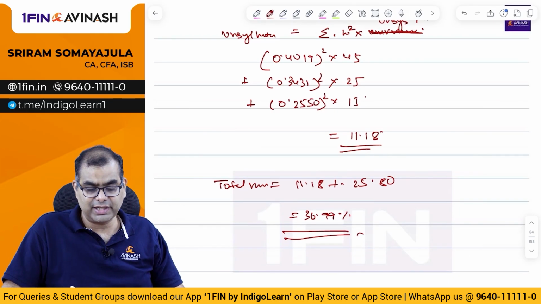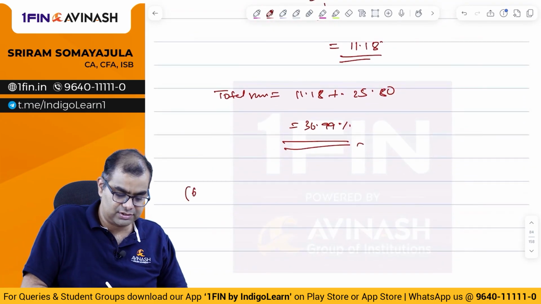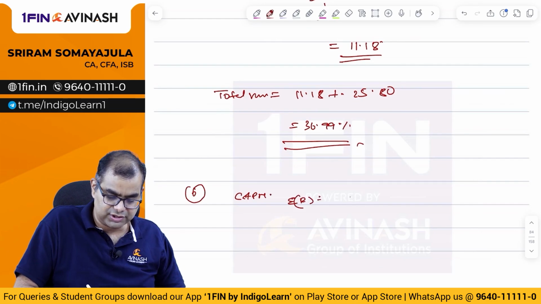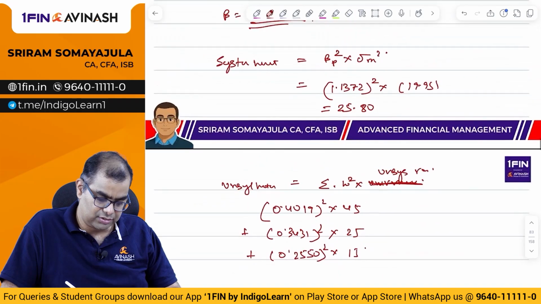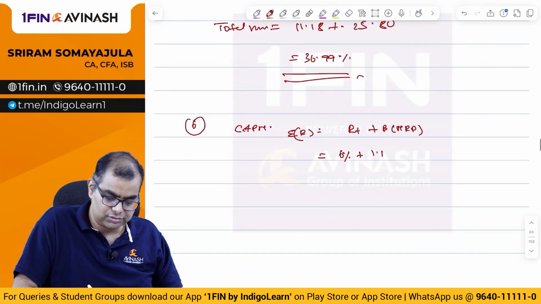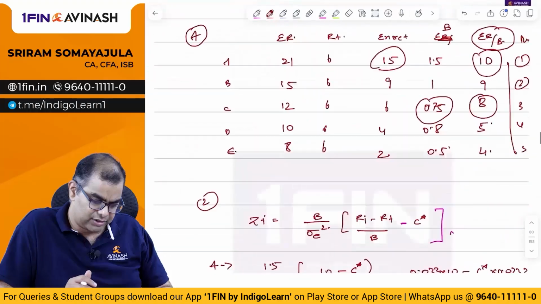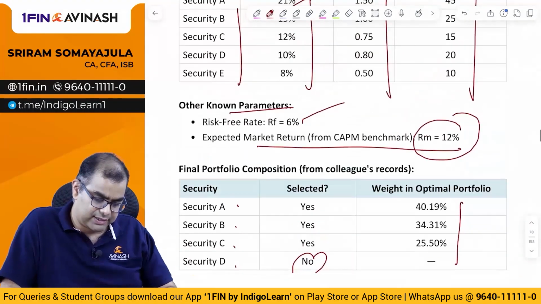Using CAPM compute expected return, Jensen alpha of optimal portfolio, and comment on manager's performance. CAPM expected return is equal to risk free plus beta into MRP. Risk free is 6%, beta is 1.1372, and expected market return is 12%.